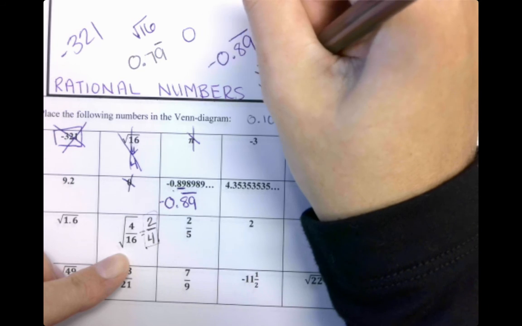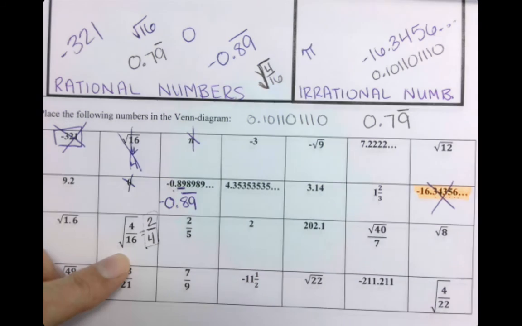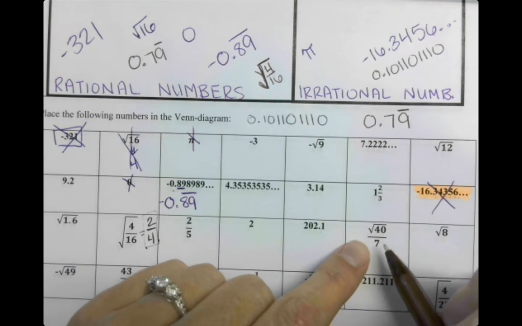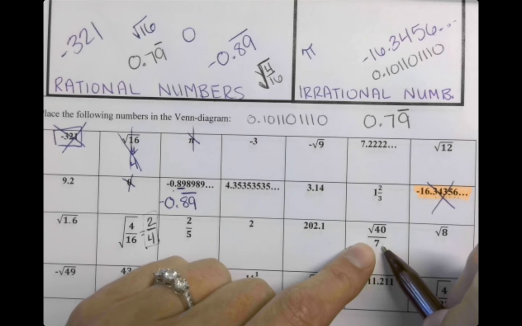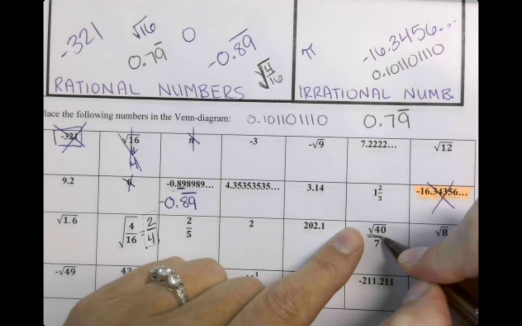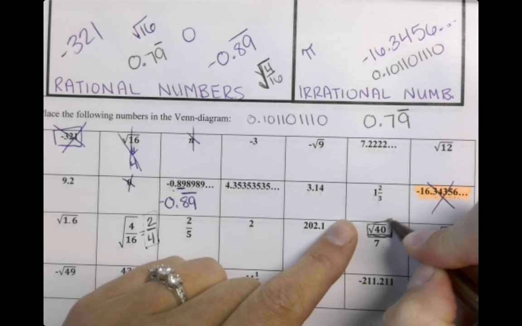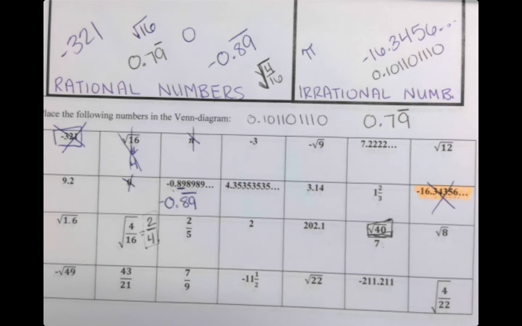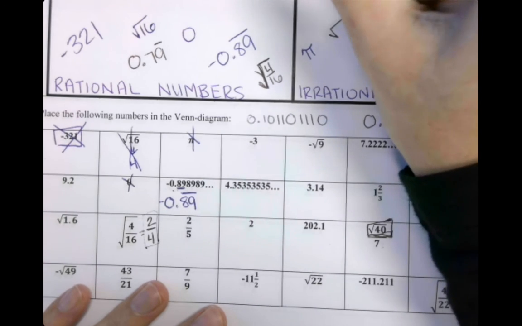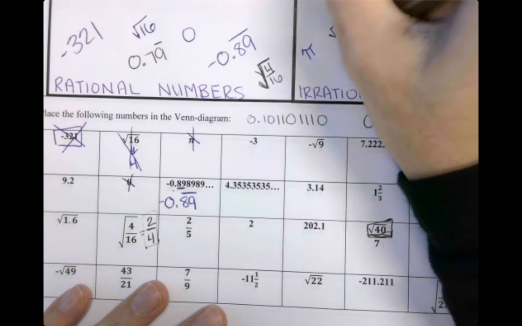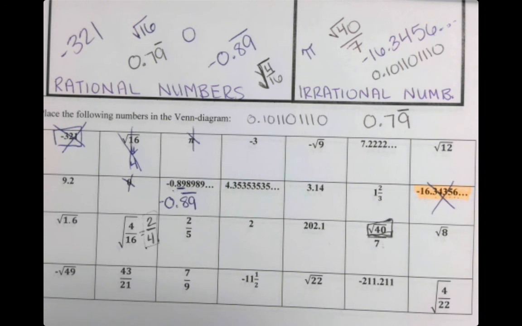Whereas, do you see right here? Well, 7's perfectly fine. It's a fraction. But is the square root of 40 just a plain old number, or is it a decimal that doesn't terminate, non-terminating, and is non-repeating? It is. So this one would go up here.